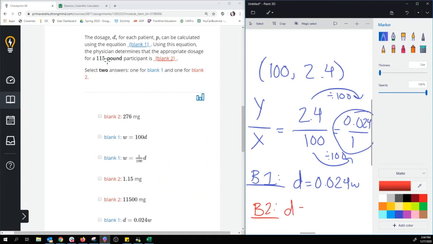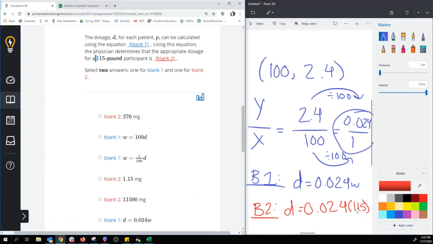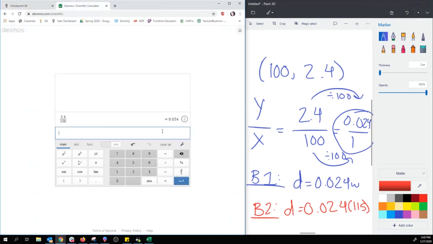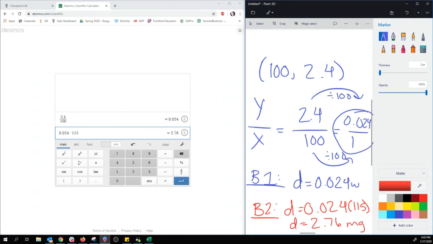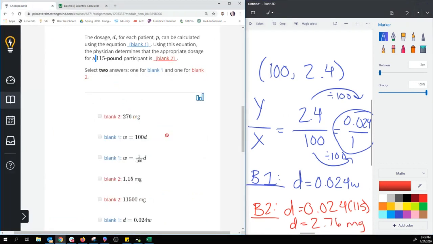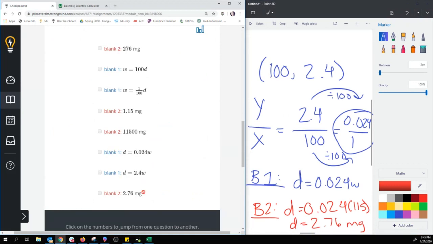So I'm going to have D equals 0.024 times 115. All I'm doing is taking the weight and plugging it in for W. And then all we have to do is multiply them, which tells us that our dosage should be 2.76 milligrams. So there are those two answers for blank 1 and blank 2.